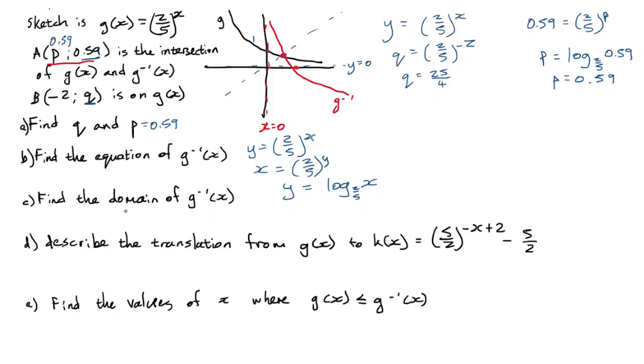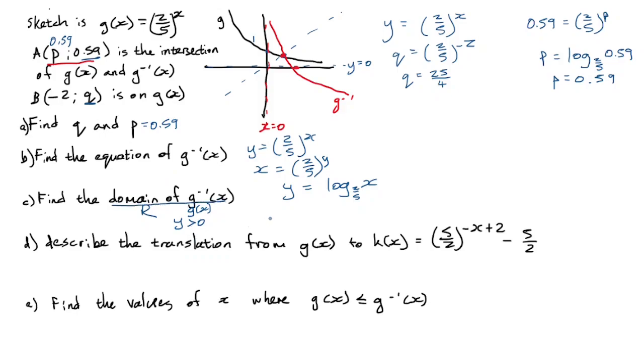In another video I made, if you're finding the domain of the inverse, that will just be the same as working out the range of the original. So without having had a sketch, if you know that trick, you could have just said, I just need the range of this original black one, which is y is bigger than 0. And so what would the domain of the inverse be?